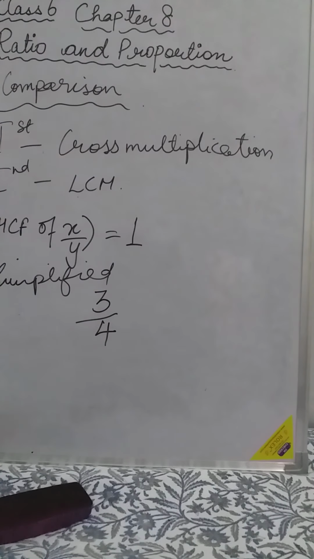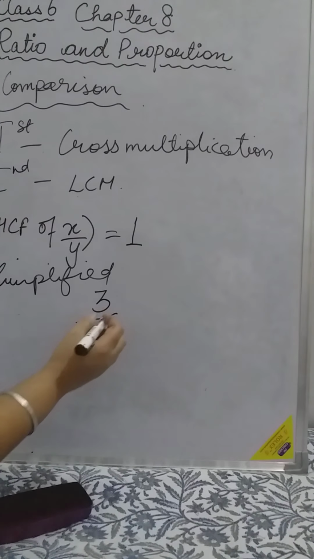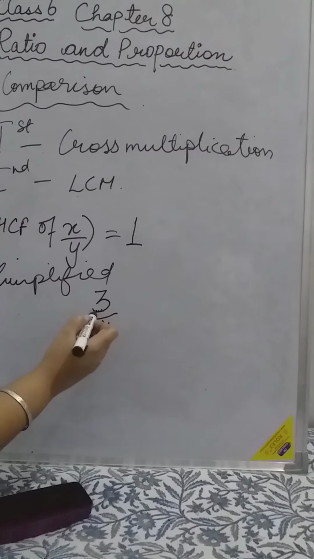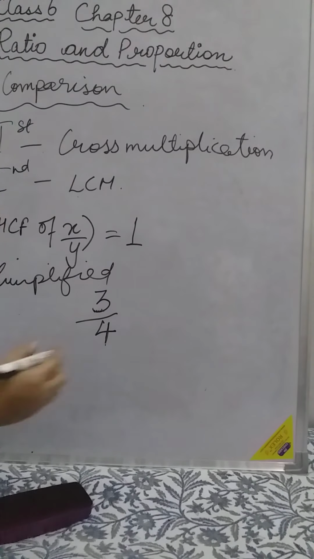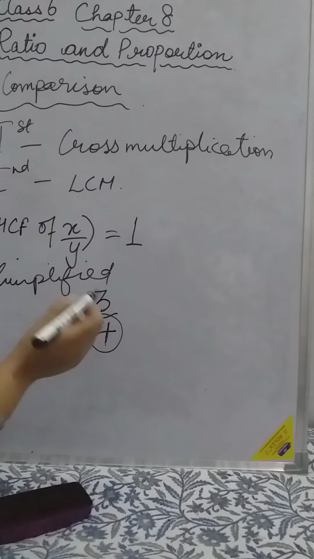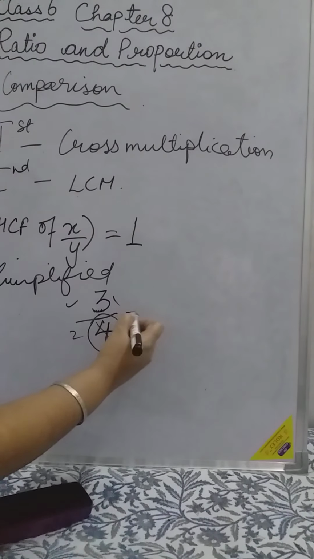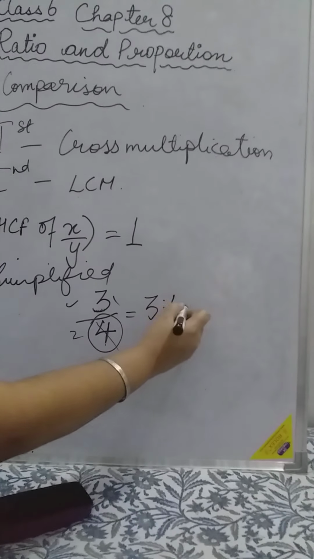Now this number comes in its own table. Can this number be cancelled with this number? No, that is not possible. You can cancel this number with 2, but can you cancel this number with 2? No, you cannot do this. Then this number is already simplified.